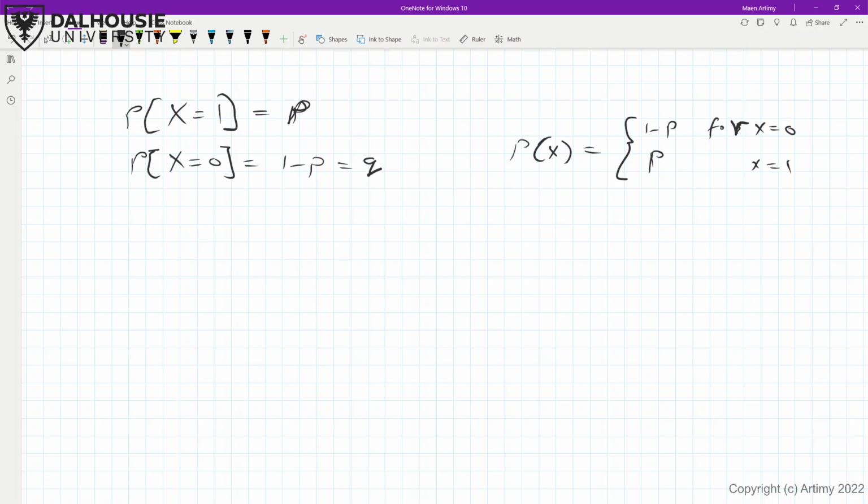Okay, so what if the outcome of an experiment is not binary, is not 2? Maybe there are more, right? So can I still use the Bernoulli distribution? Yes.